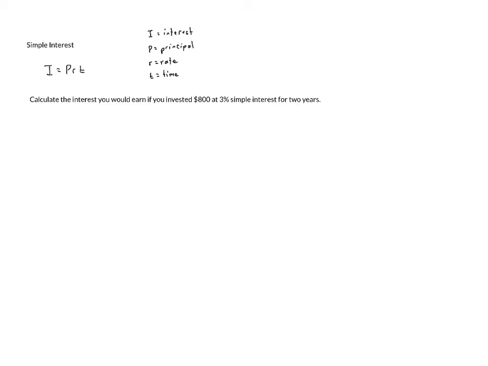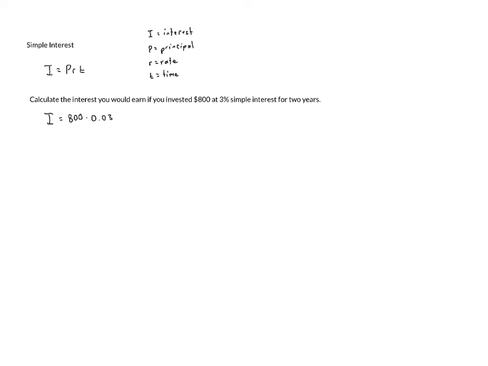Calculate the interest you would earn if you invested $800 at 3% simple interest for 2 years. To calculate the interest, we have to multiply the principal times the rate times the time. In this case, the principal is $800. The rate is 3%, which we have to express as a decimal. That's 0.03.